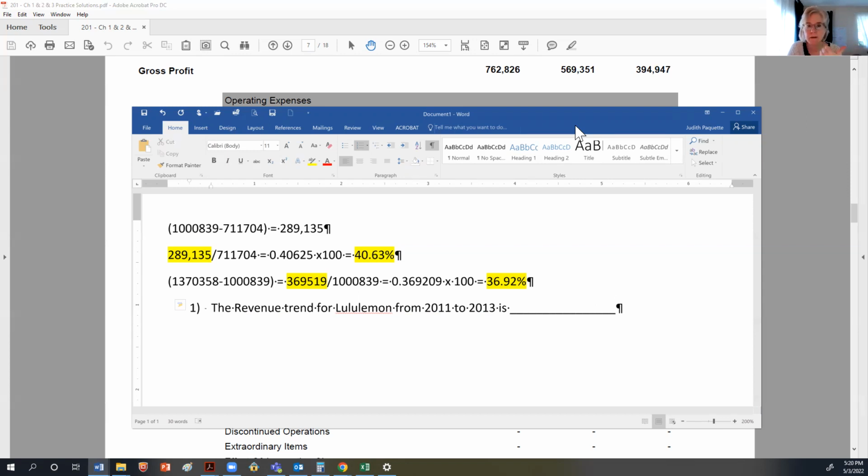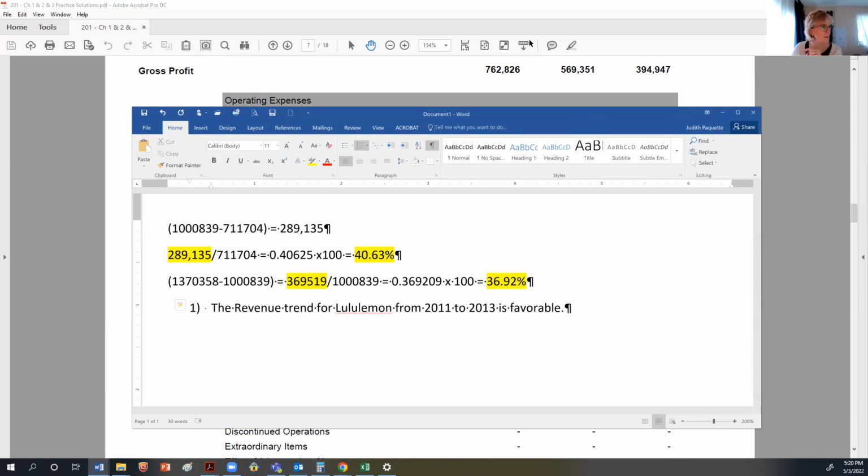Throw it in the chat. Favorable, unfavorable, or neutral? I agree. Okay. And you guys have said the trend is favorable. Oh, it doesn't get capitalized. Okay, so that's your thesis statement.